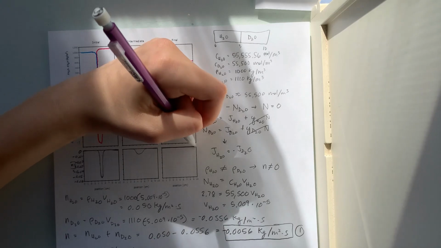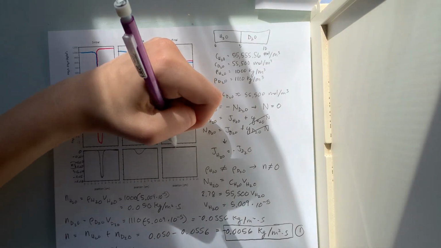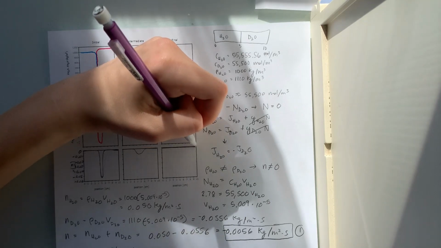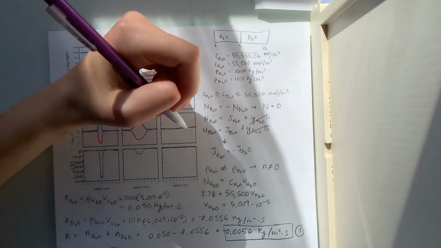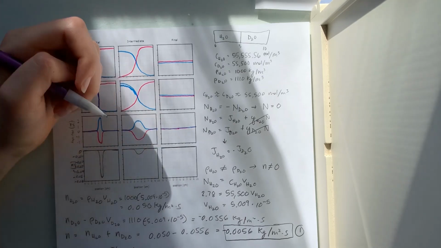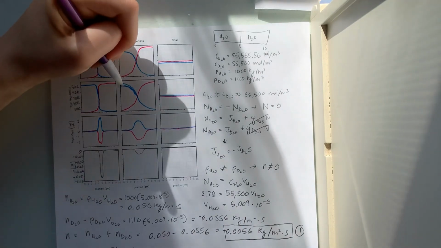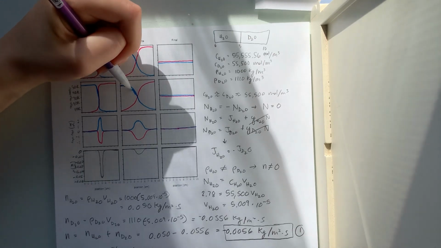When the liquids have fully diffused, there'll be no more mass flux, so the mass flux of the system will be 0. And then while the liquids are still diffusing, the graph will be somewhere in between. Oh, and up here, this line, I drew this wrong originally, so I just scratched that. So yeah.